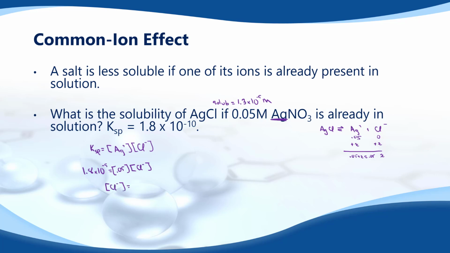Right, so the concentration of chloride is going to be 3.6 times 10 to the minus 9th molar. And again, because it's a 1-to-1 dissolution, the concentration of chloride is our value of x. Right, so this is how soluble silver chloride will be if we already have silver. Look at how much less soluble it is because we had silver to begin with.